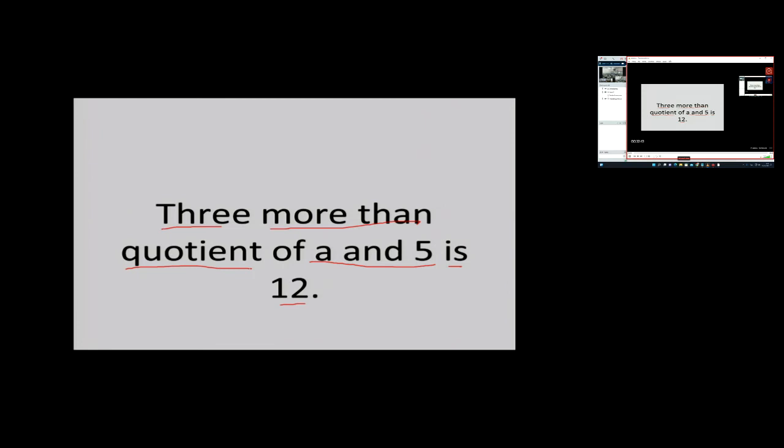Number 3 more than is plus. Quotient is fraction. 12 is equals 12. What do you think? How do we write it? Anyone? Who wants to try?